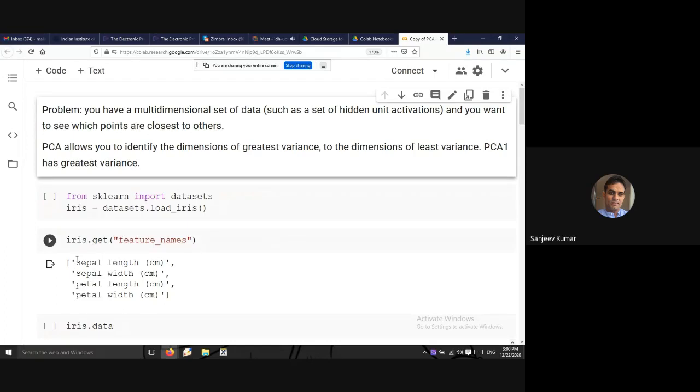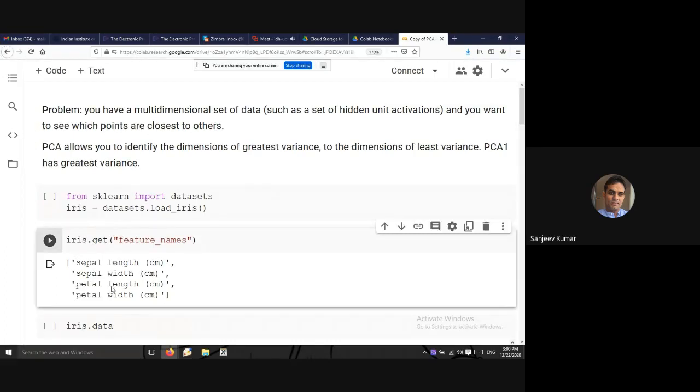For each iris, I am having almost 158 samples of those flowers, and each flower is having these 4 attributes: sepal length, sepal width, petal length, petal width. This is in centimeter. So I am having this 4-dimensional problem.